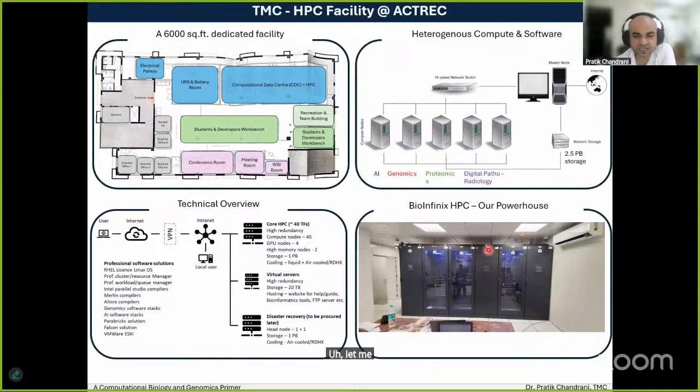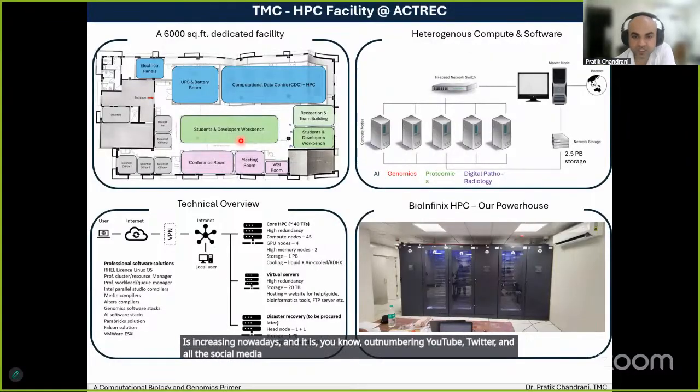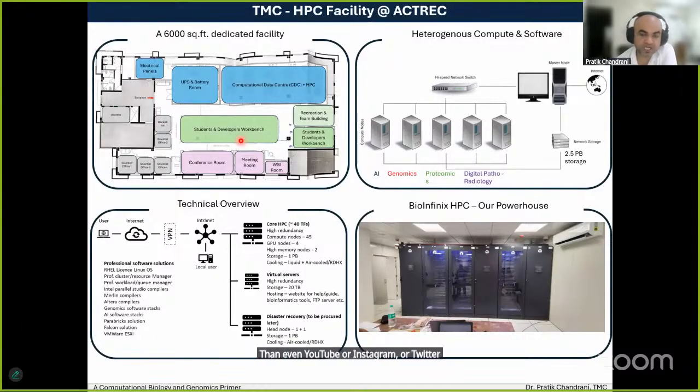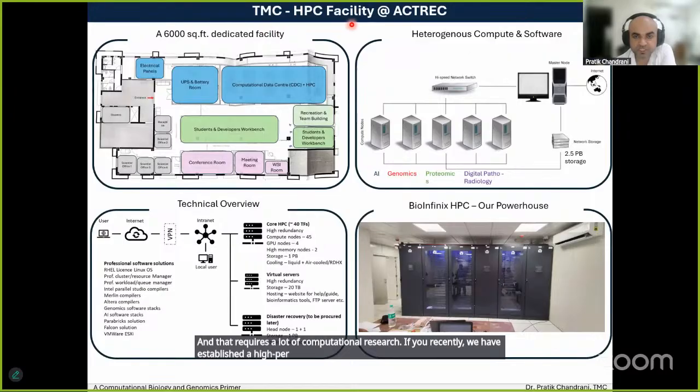Let me quickly tell you that this computational demand is increasing nowadays, and it is outnumbering YouTube, Twitter, and all the social media put together. Genomics data is growing about 10 times faster than even YouTube or Instagram or Twitter put together, and that requires a lot of computational resources. So recently we have established a high performance computing facility at ACTREC, which is a 6,000 square feet facility.